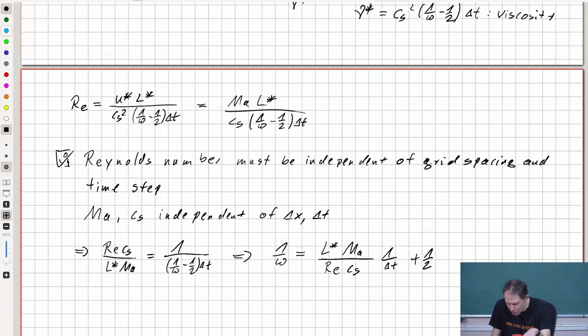So what did we discover? We discover that the relaxation rate we have to put here is a function of delta t. Yeah? So, because this here is scale dependent.